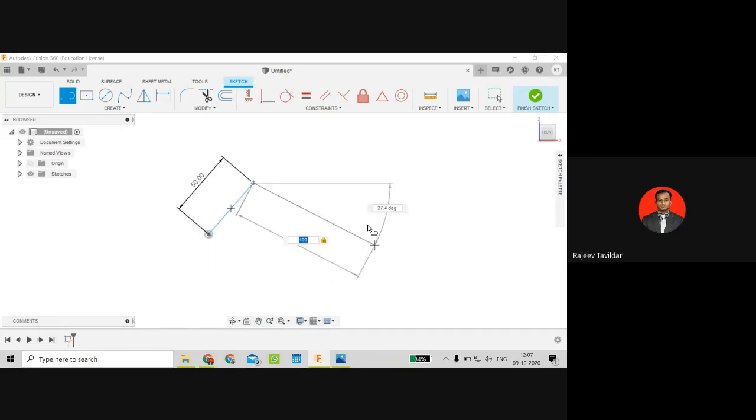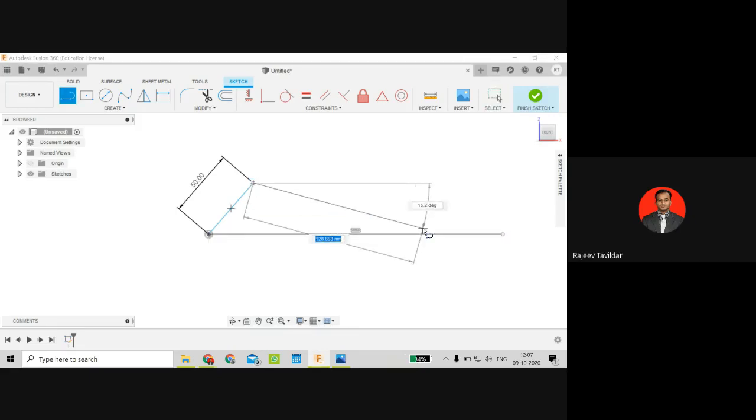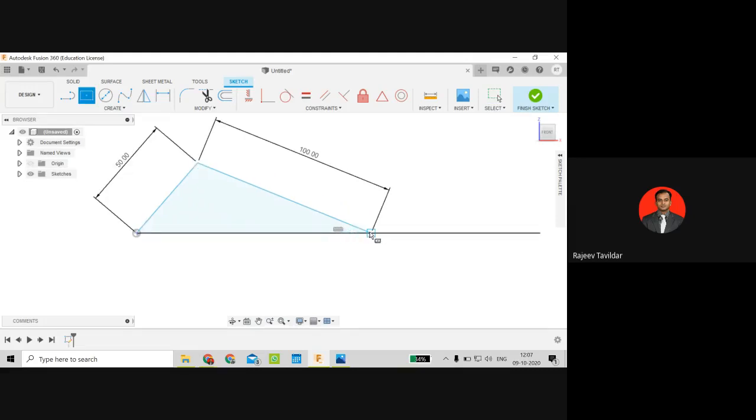Just first draw this construction line over here. Okay, so I have this connecting rod which is of 100 mm, and let me also place a slider over here. Okay, so this is a slider.